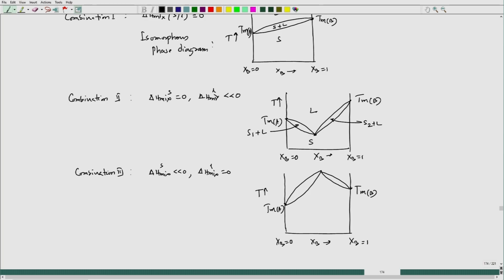Above it we have liquid, here solid, here S1 plus liquid, and this field S2 plus liquid.